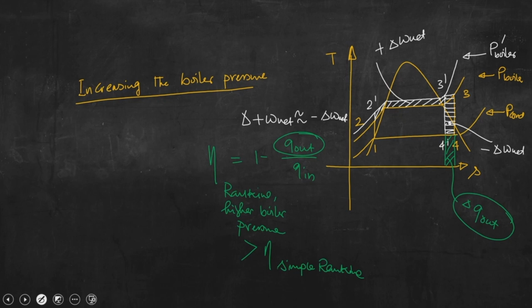The advantage is that we do not require a special arrangement for superheating this steam. If we can eliminate it, there is no need for the initial cost as well as the operational cost of this special arrangement. The disadvantage is that by increasing boiler pressure, again we are going to deteriorate the quality of the steam at the exit of the turbine.